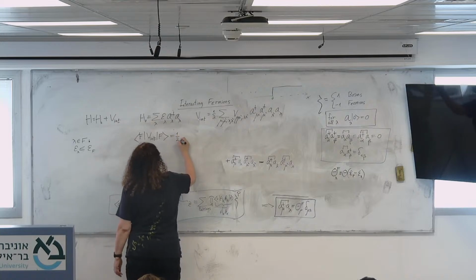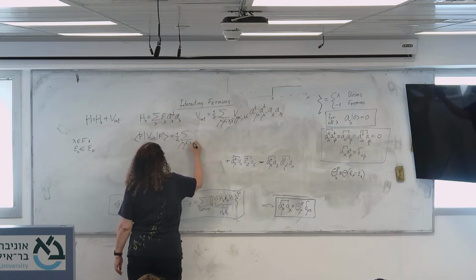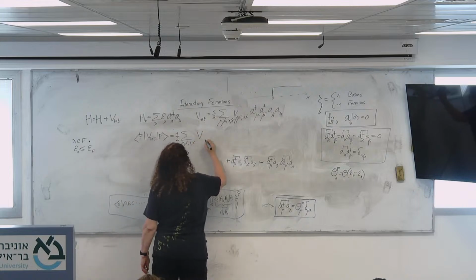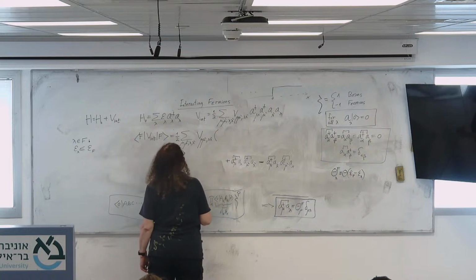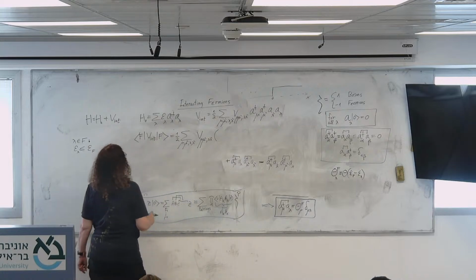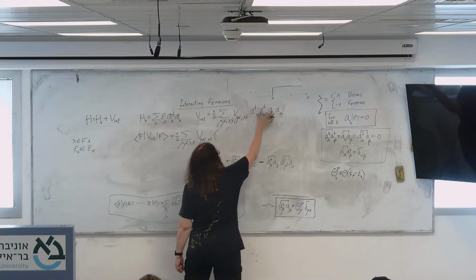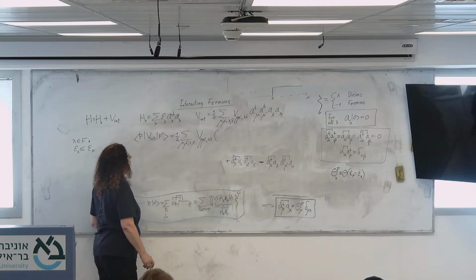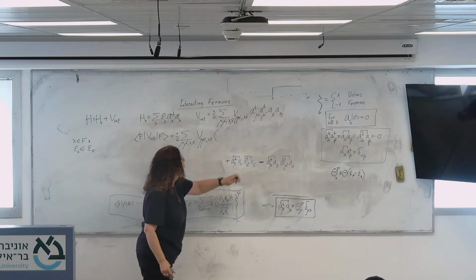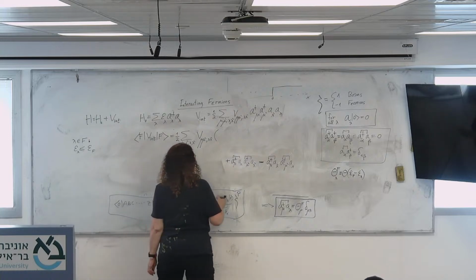It's a 1/2 sum over all the indices, matrix element times, now we are using all these, I'm taking the expectation value of this operator, and I have two terms, one from the direct, one from the exchange, so let me write them down explicitly.